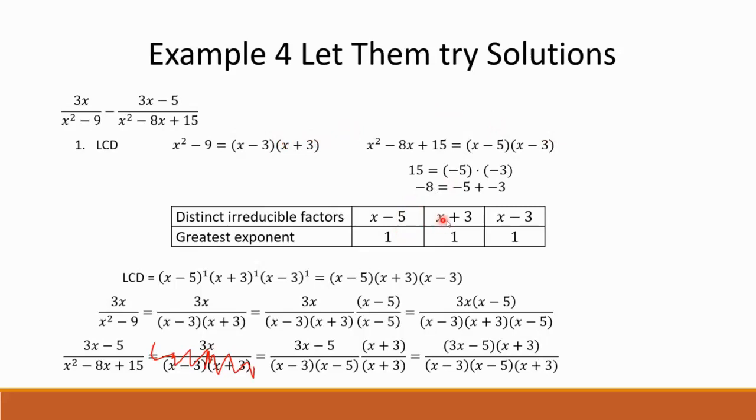So the greatest exponent of each factor must be 1. It follows that the LCD is x minus 5 to the first, x plus 3 to the first, x minus 3 to the first. So all together, we're going to get this as our LCD. So that's what we want the denominator to be.